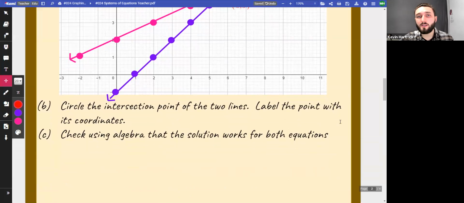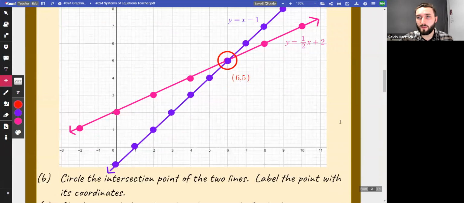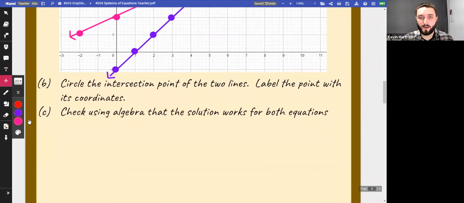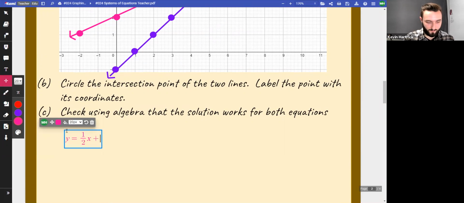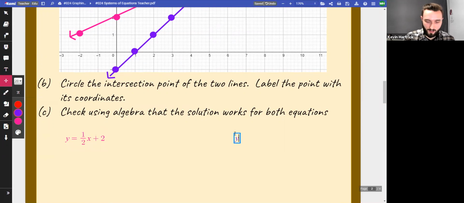So we're going to go back to what we did in exercise 1. We have this point and these two equations. We've got to make sure that it works for both equations. So I'm going to rewrite the equations, which just makes it easier. This one was y equals 1/2 x plus 2, and the other one was y equals x minus 1, right?